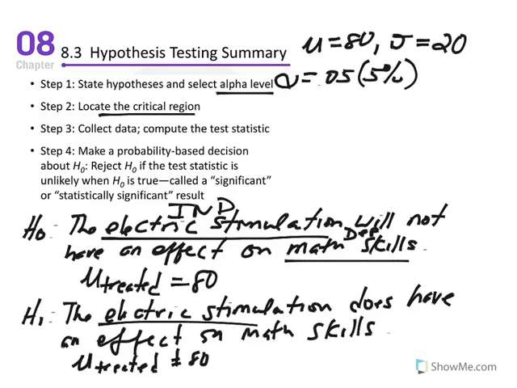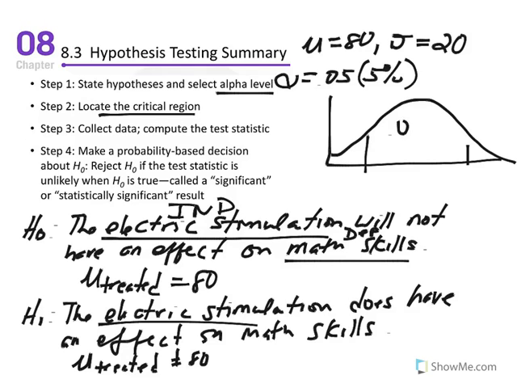Locating the critical region means that we're going to identify what that key z-score is when we've identified alpha to equal 5%. So if that's the case, we're saying 95% is in the center, or 0.95 in the center, and we have 5% split across two tails, which means we have 0.025 here, and similarly 0.025 on the other side.